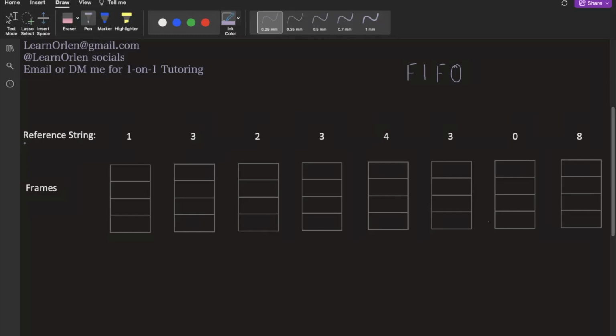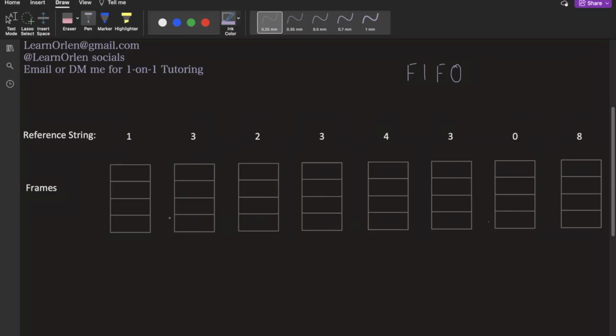To begin, we have the reference string, which is essentially the program or process requesting each page of memory to use. So in our instance, we request page one, then three, then two, then three, then four, and so on.